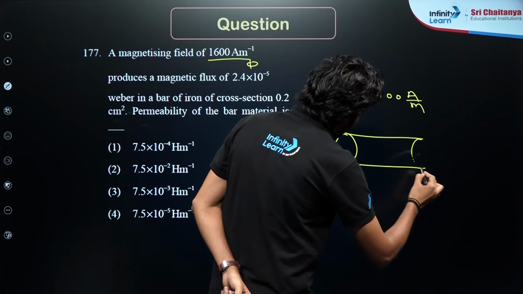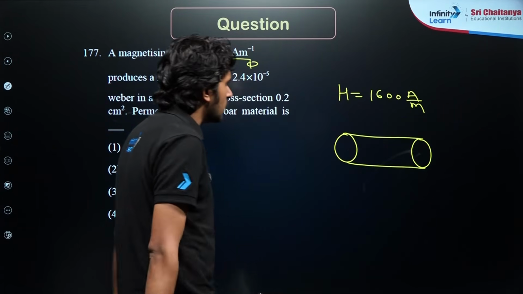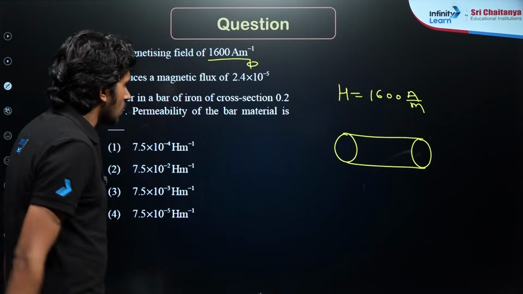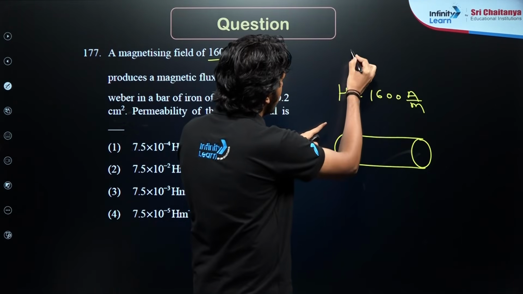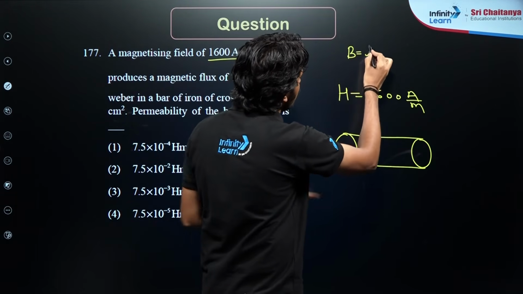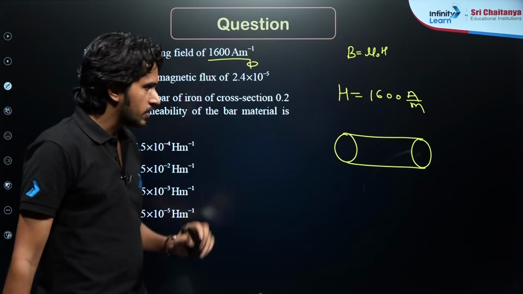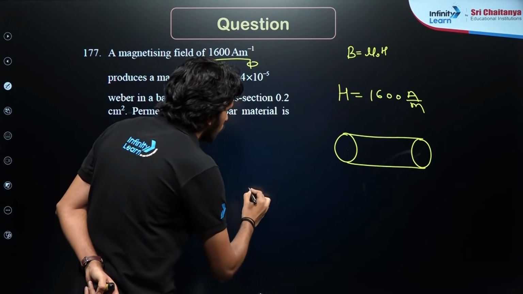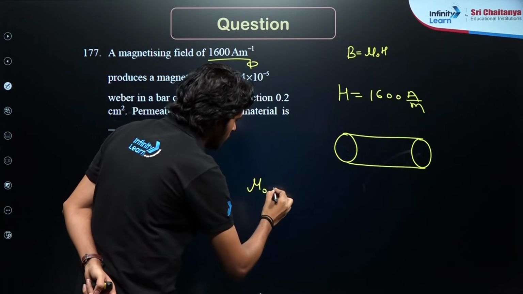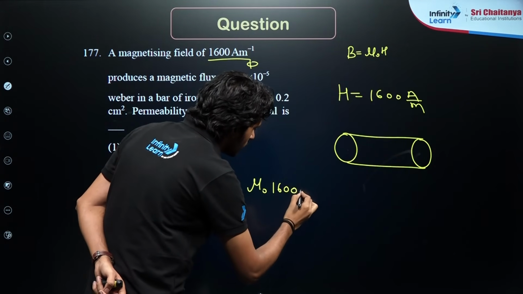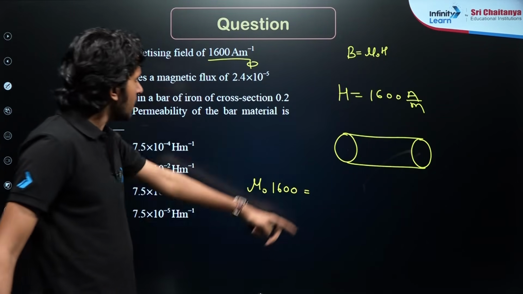Okay, so basically B, what is magnetic field here? B equals mu naught H, yes or no? B equals mu naught H. H is given 1600, okay, equals magnetic field.